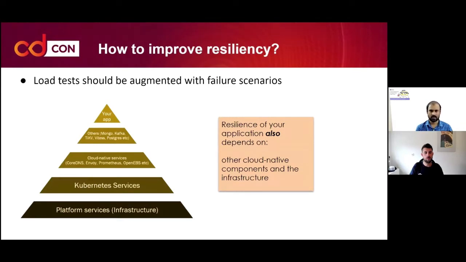So what we're trying to say is the resilience of your application also depends upon a lot of other infra components in your deployment environment. So it is necessary that you inject failures willfully and identify the different points of failure, and when failures do occur there, how your application responds.